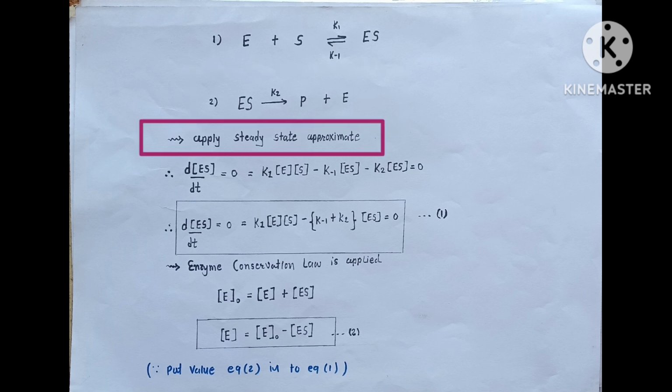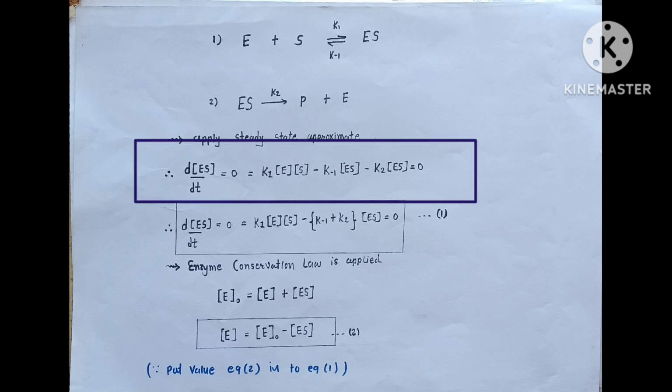We apply the steady state approximation to these two equations. dES/dt is equal to K1 times enzyme concentration times substrate concentration, minus K-1 times enzyme substrate concentration. Why do we put minus here? Because the reaction is going in the reverse direction. Then minus K2 times enzyme substrate concentration is equal to 0.